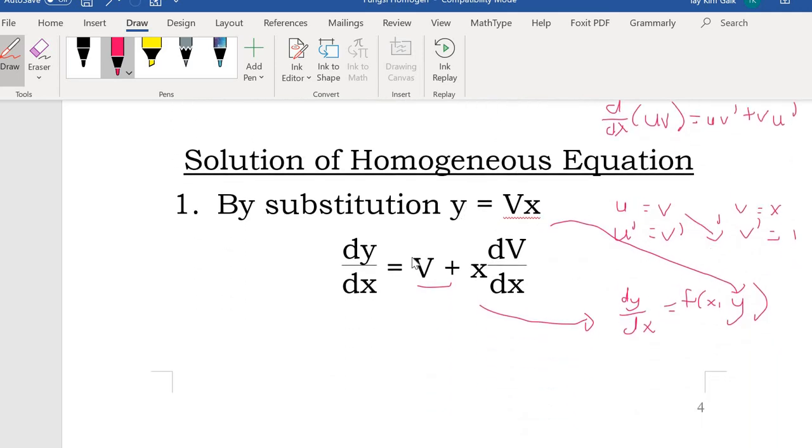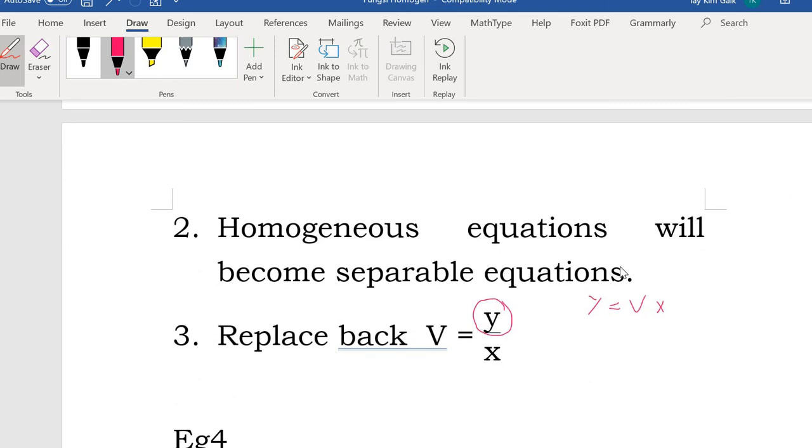Substitute y equal to vx, dy/dx will equal v plus x dv/dx. After the substitution, you will have a separable equation in terms of v and x. To get the solution of y, replace back, because we don't want the v, we actually want the y. From y equal to vx, v will be y over x.